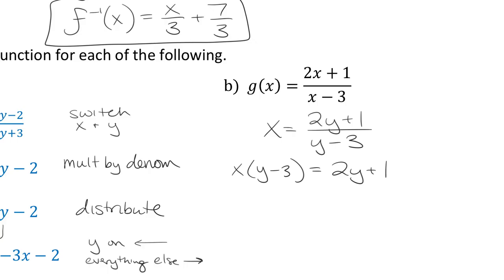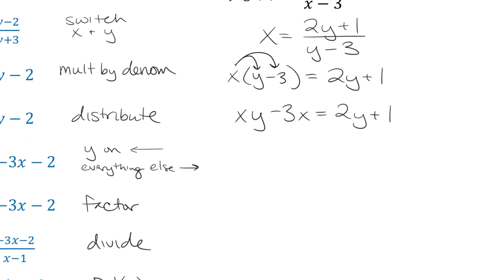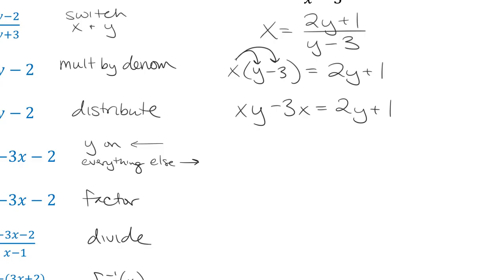What do I do next? Distribute. x times y is xy, and x times negative 3 is negative 3x. Here comes the step that got everybody before. I'm trying to organize all of the y's to the left and everything else to the right.